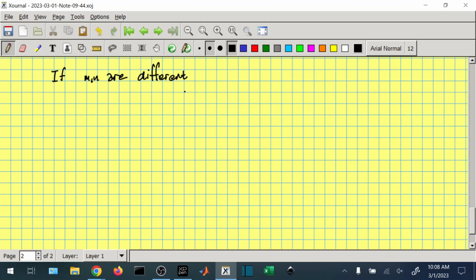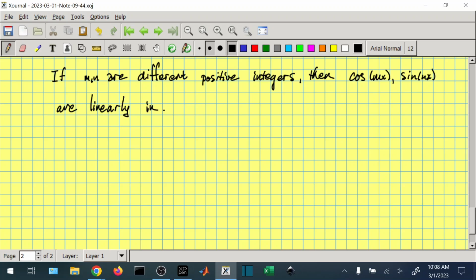Distinct, which is just another fancy word for different, right? Positive integers. Then cosine of m times x and cosine of n times x are linearly independent. And if this works for cosine, I assume that you can use something really similar and figure this same thing out for sine.